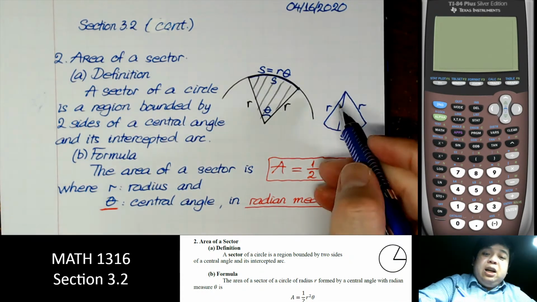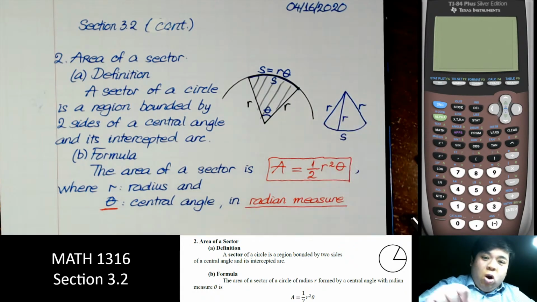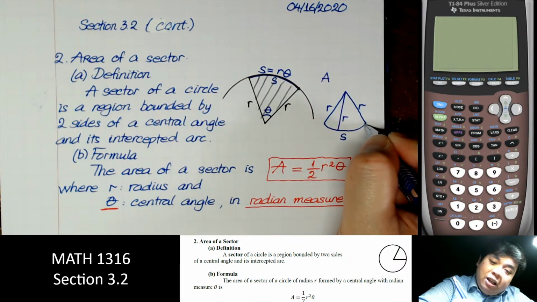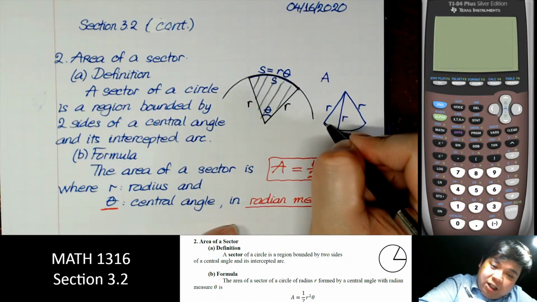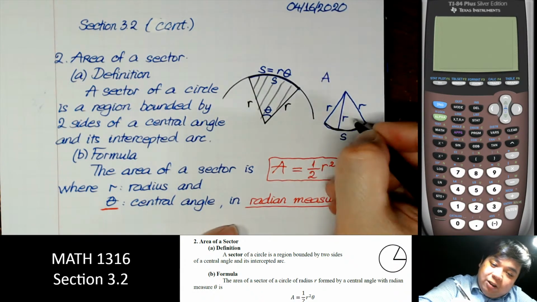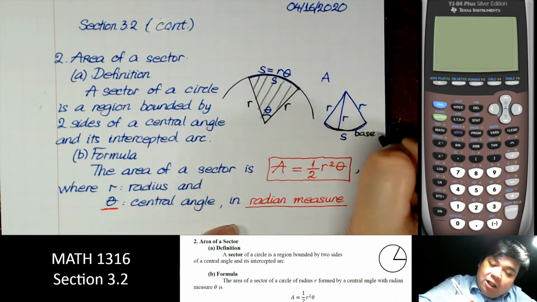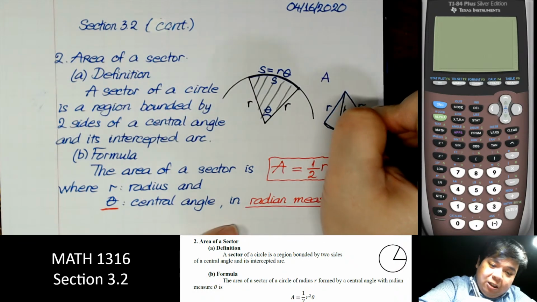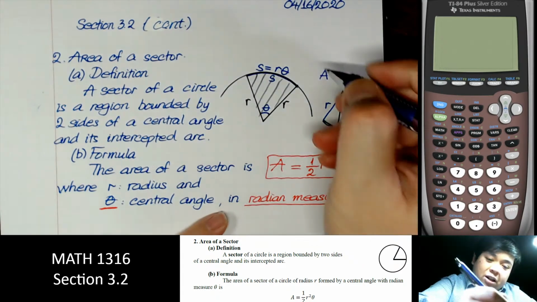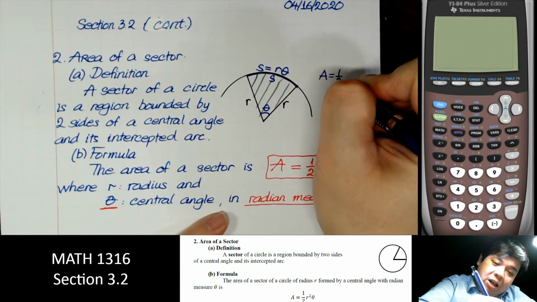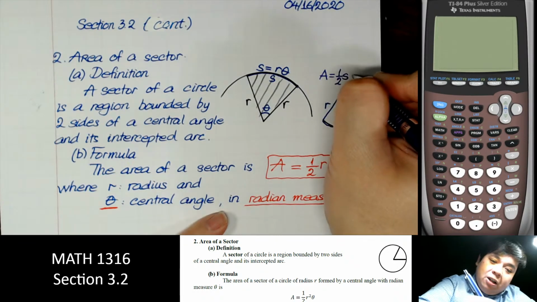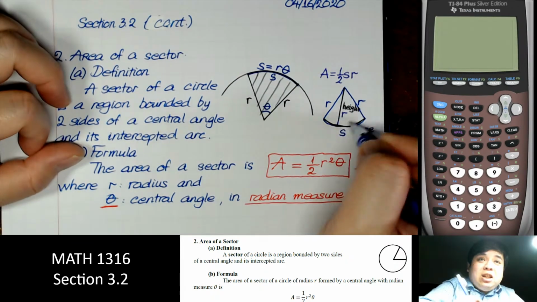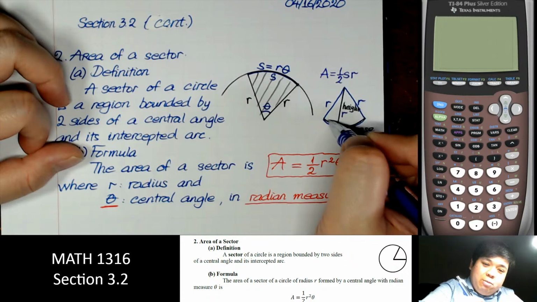Now, think about this as a triangle, because that's very close to a triangle. If we take this as the base of the triangle and that is the height, the area is 1/2 base times height. So that looks like a triangle, and the formula for a triangle is 1/2 base times height.